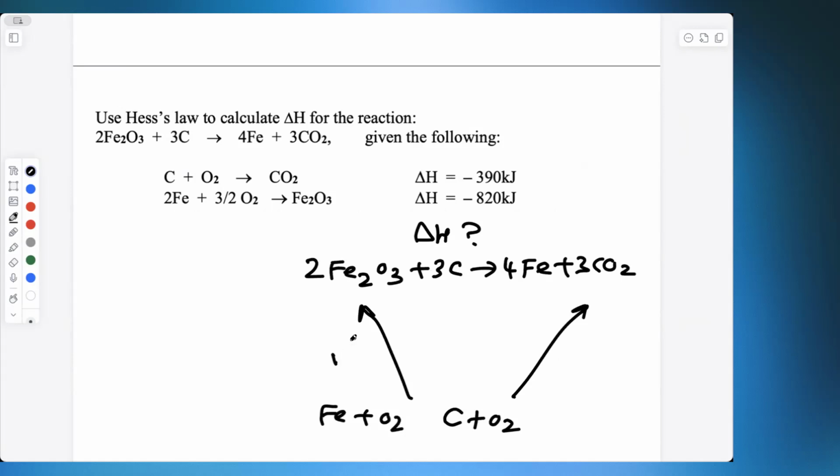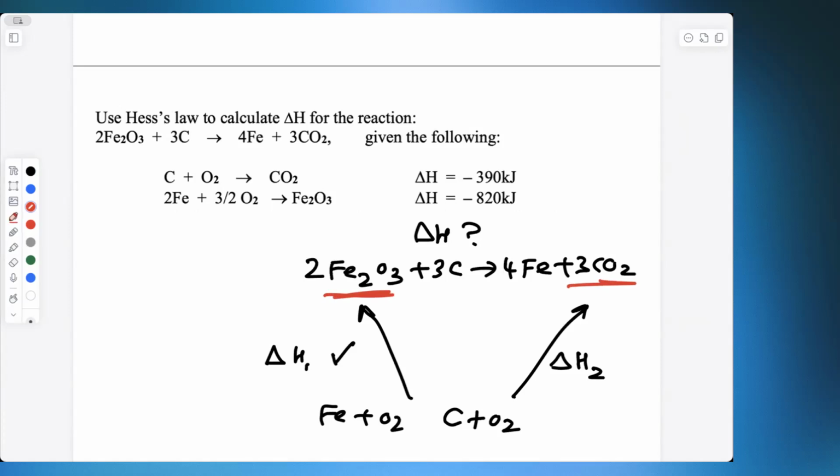I know the delta H of this one, let's say it's delta H1, and I know the delta H of this one, let's say it's delta H2. According to Hess's law, it doesn't matter which reactants you started with and which products you ended with.